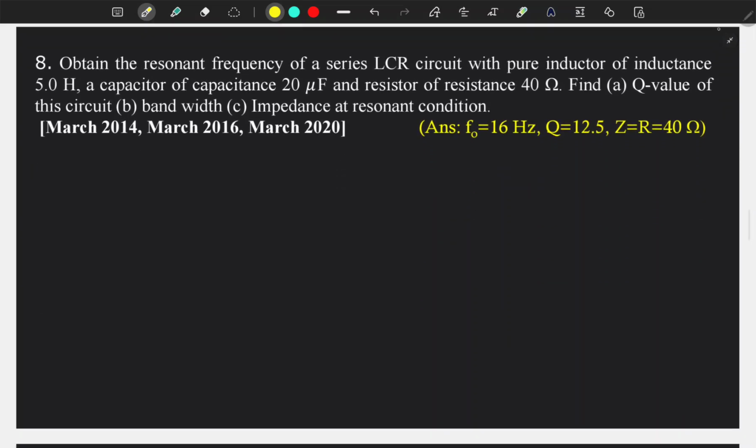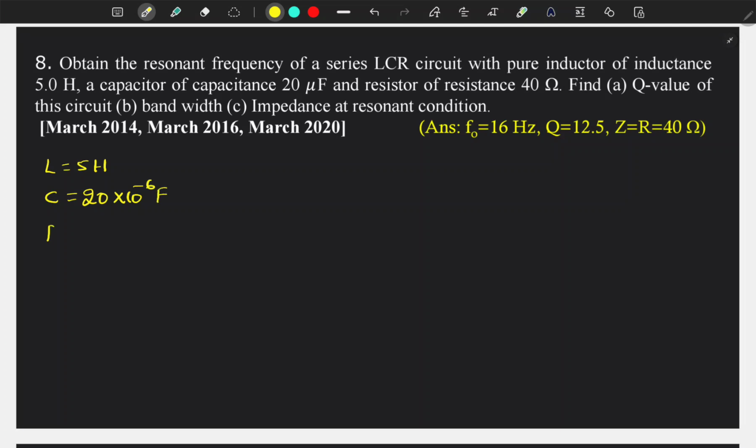Let us solve this question. So here we have obtain the resonant frequency of LCR circuit with a pure inductor of inductance 5 Henry, right? So L is equal to 5 Henry. Capacitor of capacitance 20 microfarad.